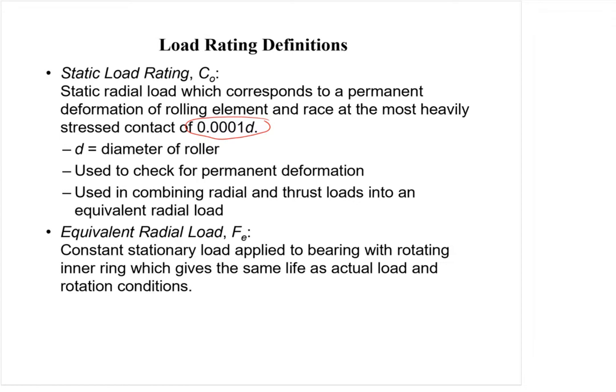So the static load rating does not equal your design static load. C10 and C0 are used in equations to determine what catalog rating and static load rating you need to use, but your actual load, static and dynamic loads, will be much different than C0 and C10.